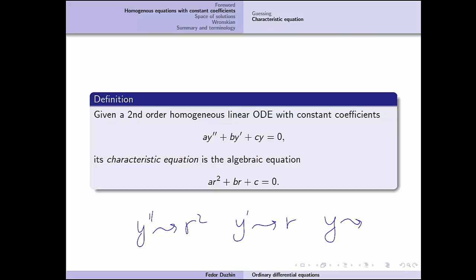Then you get an algebraic equation, and this algebraic equation is called the characteristic equation of the original differential equation.